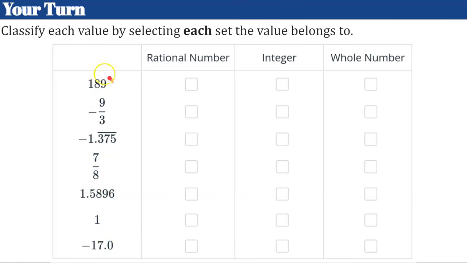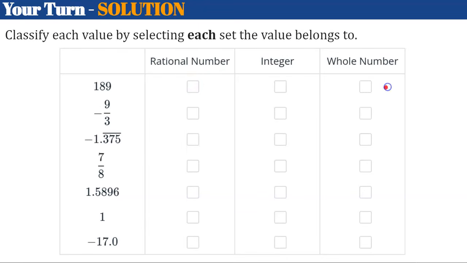Welcome back. So 189 is a whole number, it's a rational number, and it's an integer. Negative 9 divided by 3 can be simplified to negative 3, making it rational and an integer, but it cannot be a whole number because it's negative.